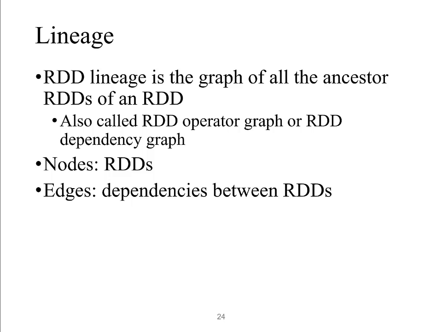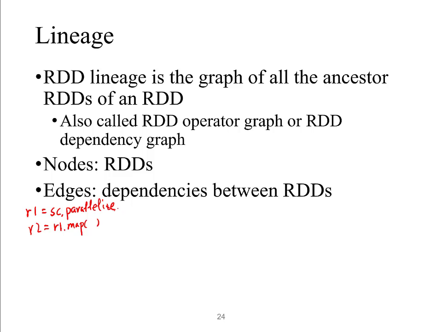Let me show you an example of this lineage. Let's say R1 is initialized by parallelizing, and R2 is from R1 dot map. We omit the function inside the map just to show the relationship between R2 and R1.